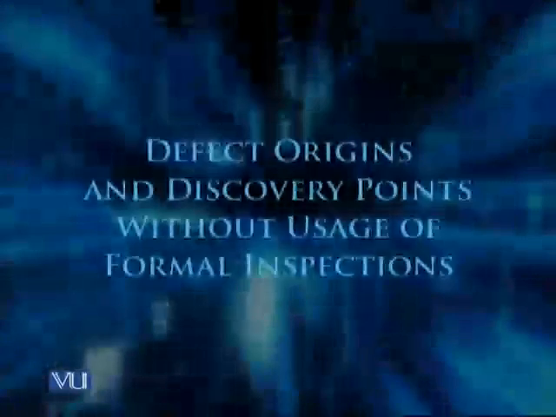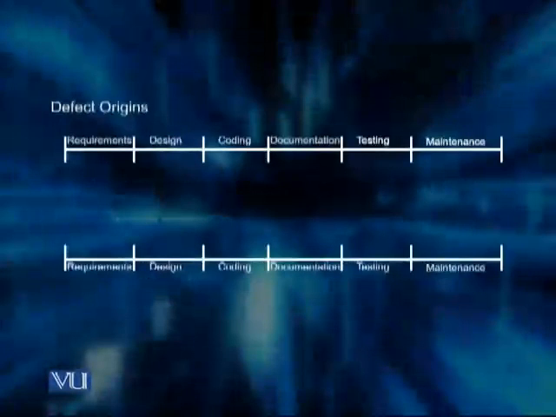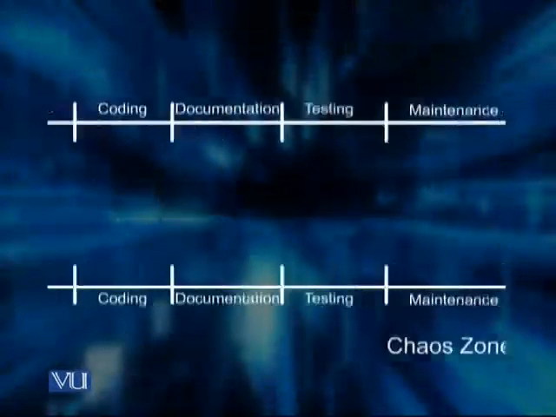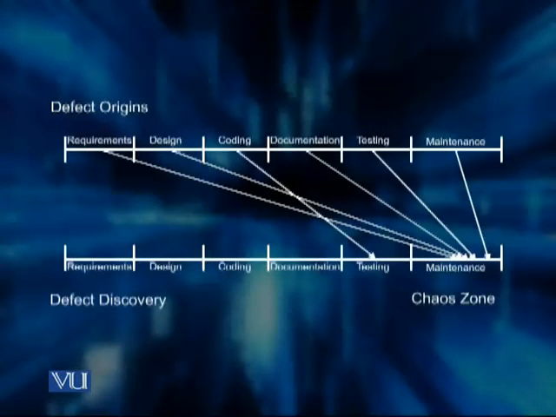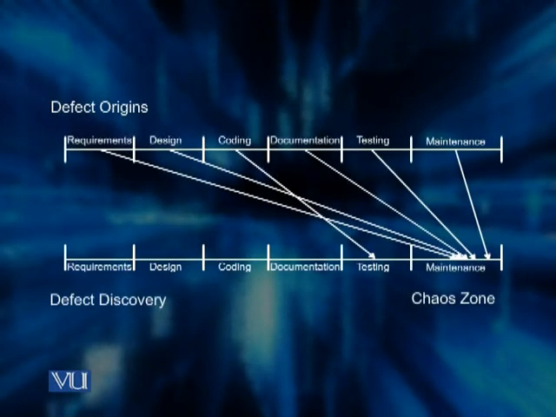So as a result, we get what is known as a chaos zone. Now you can see, and this is a very important diagram. This is a beautiful pictorial representation of what happens in those projects which do not use software inspections or reviews of some kind to detect defects.